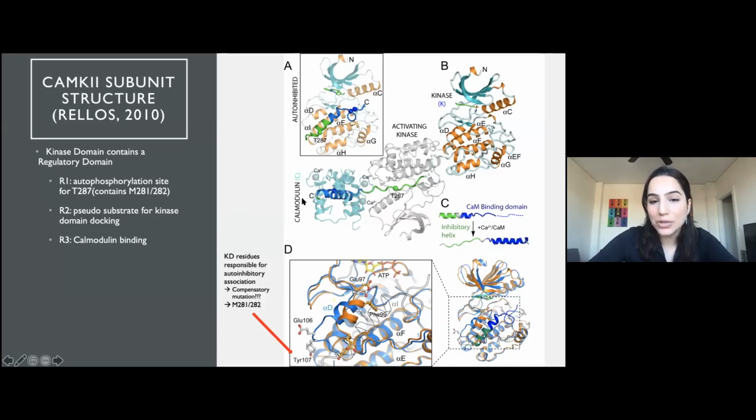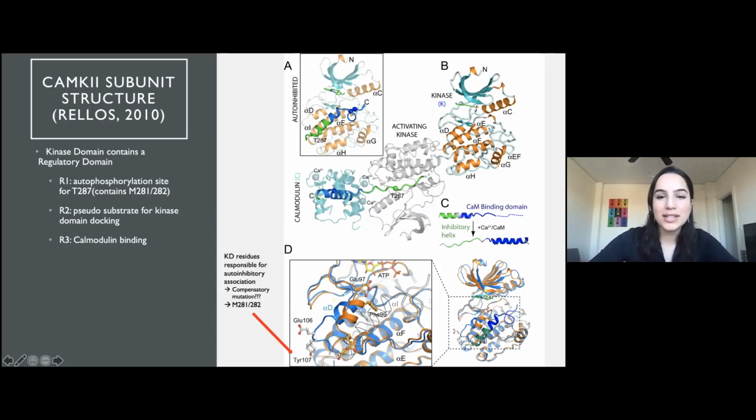Calmodulin is now bound here. It bound in this relaxed place to then structure it into a helix. Once calmodulin binds this, it relaxes and opens up this inhibitory regulatory domain. So then here in this little threonine residue that we see here, this little dot, you have a transphosphorylating activating kinase.